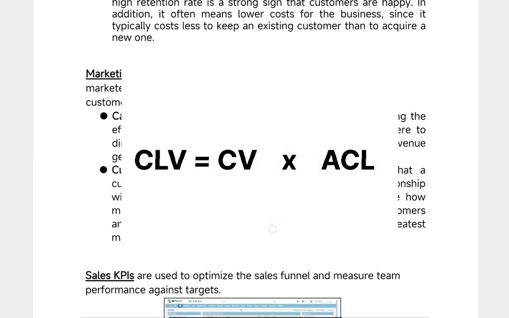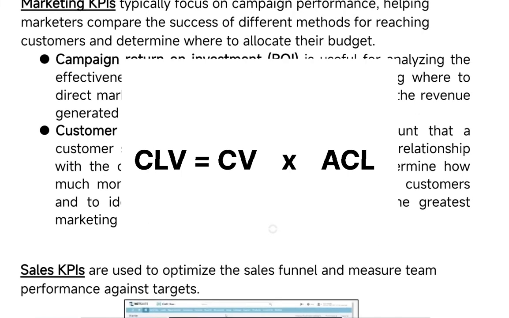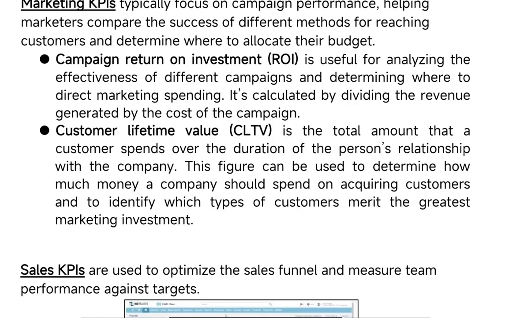For example, if you spend 1,000 pesos to acquire a new customer, and over the course of the relationship the customer generates 2,000 in revenue from purchases and the services your business offers. Okay, so that is the formula for customer lifetime value.